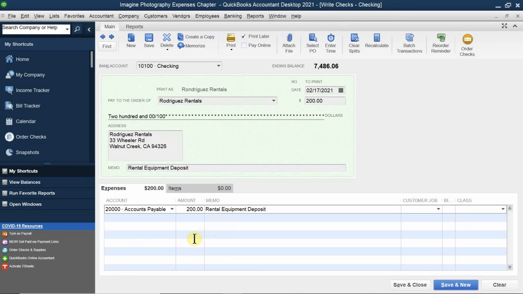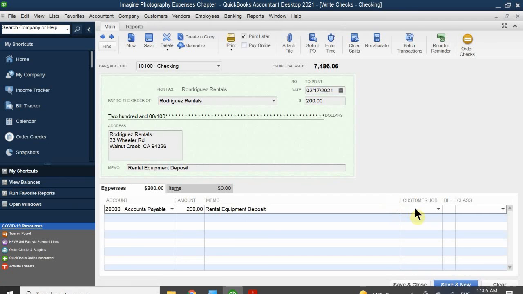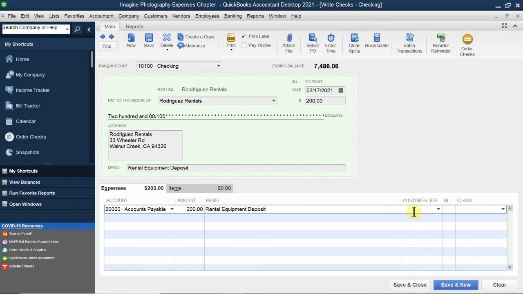So I have it for $200, and it's going to go against my accounts payable. And of course, because of this, I need to also say that this is going to be a customer/job, because I need to make a reference point that this is going to be going towards a bill.